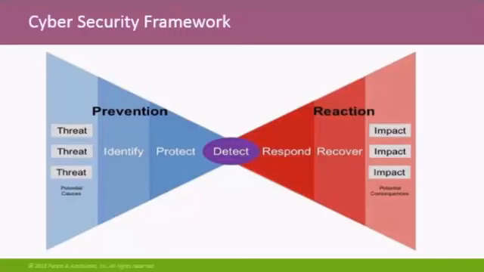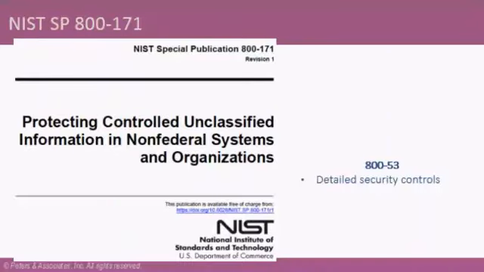This just provides a little bit of background as we step into one of NIST's very specific control sets that's meant for, as the words say, protecting controlled unclassified information in non-federal systems and organizations.